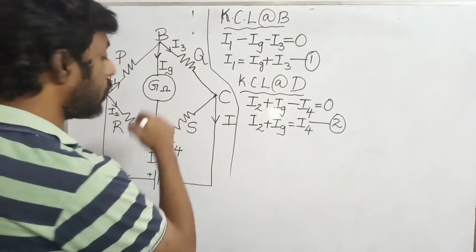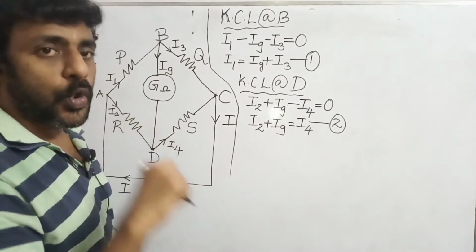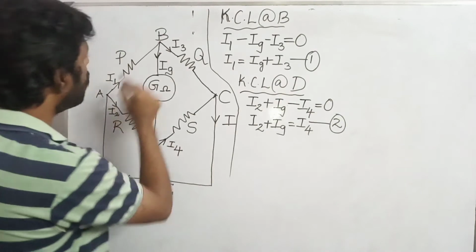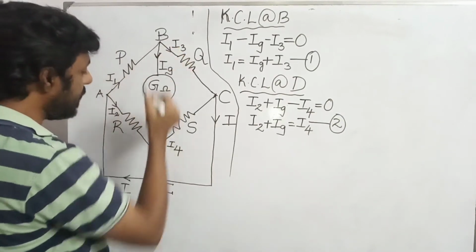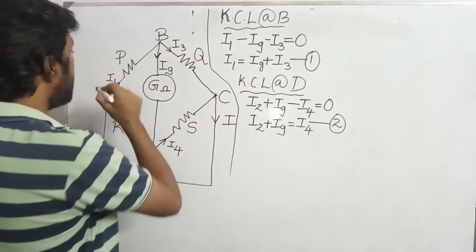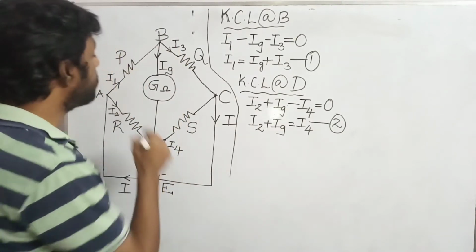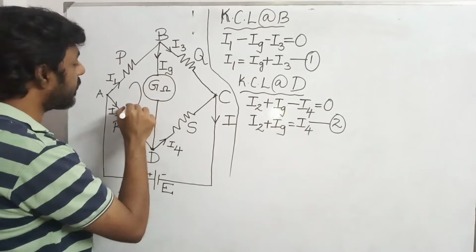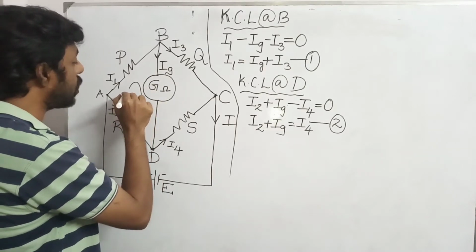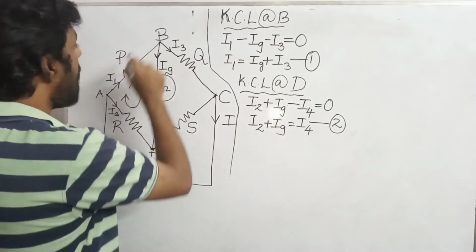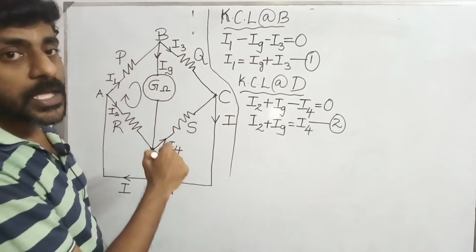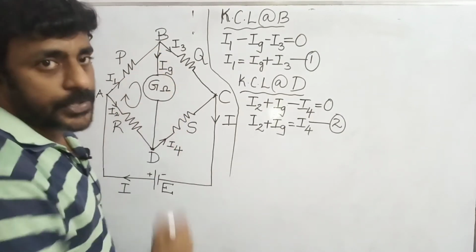It's time for me to apply Kirchhoff's voltage law, KVL, in this closed circuit ABDA. I am considering ABDA as a closed loop. I am fixing the direction of my travel in the clockwise direction, and I am going to analyze the voltage drops in this closed network.